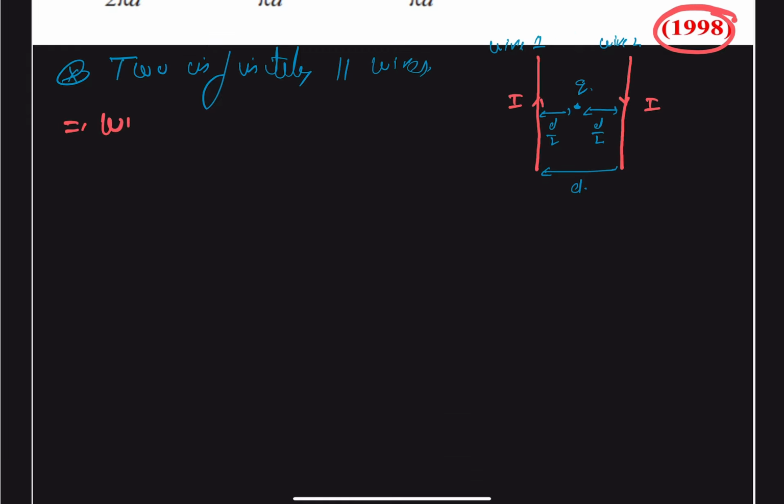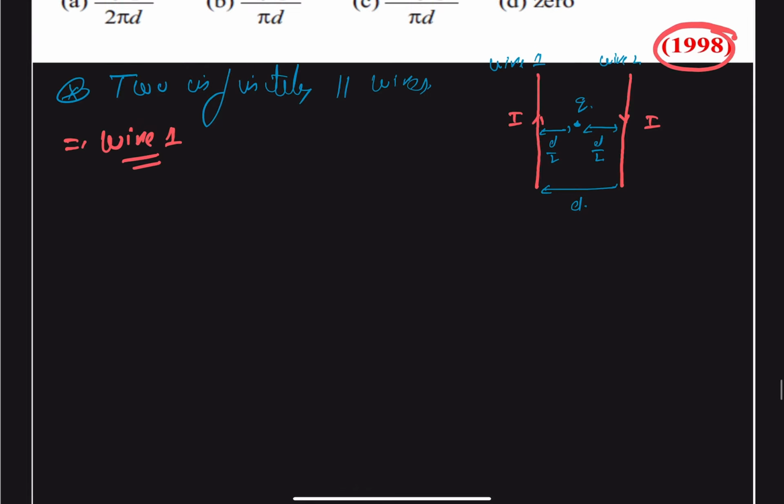We have wire 1, and we have wire 2. Okay, and we can just draw a coordinate system here.